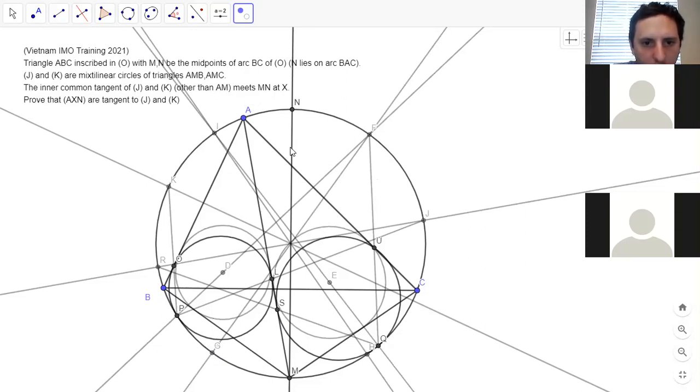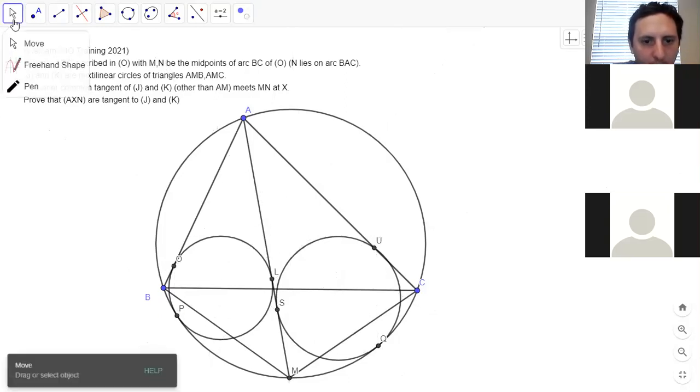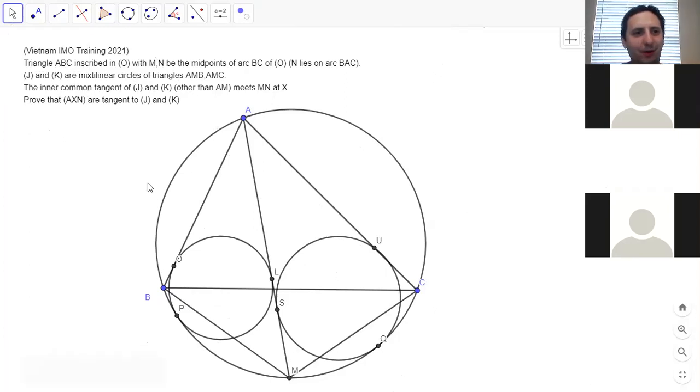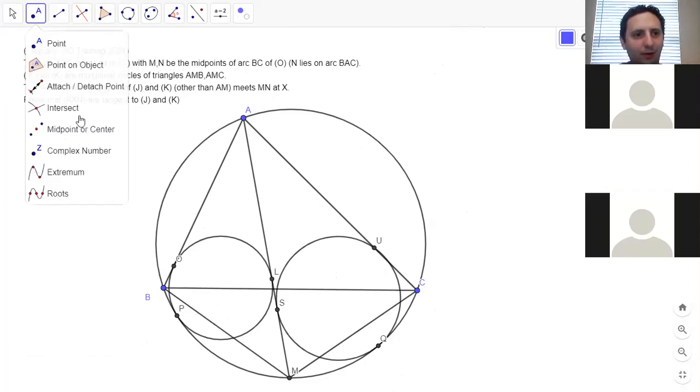Is that good? There we go. Doesn't that look so much better? Okay, so now J and K are the centers.